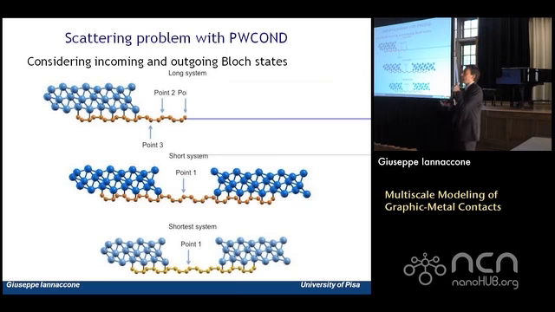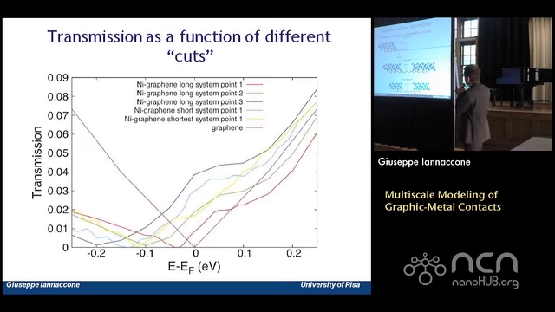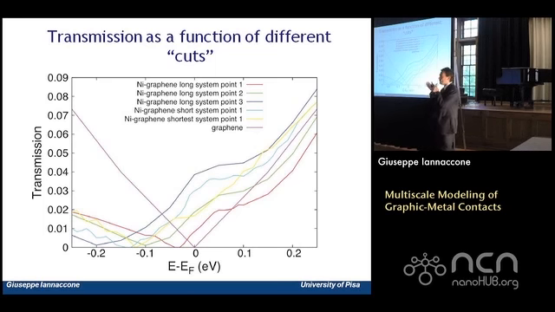So by using it, we can, of course, compute the transmission coefficient as a function of energy, and from it we can obtain the conductance. This is a very simple procedure in principle, and this is what we obtain. You see the transmission coefficient as a function of energy, and the different curves are for different cut points of graphene, so different points of insertion of the semi-infinite graphene lead.